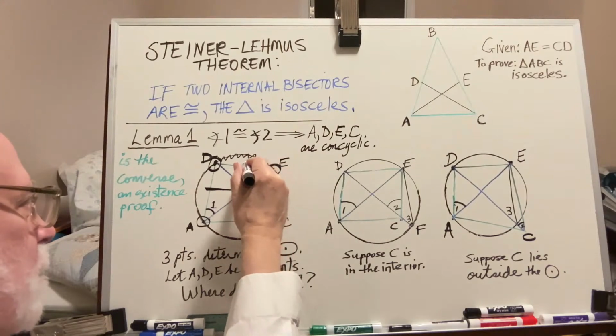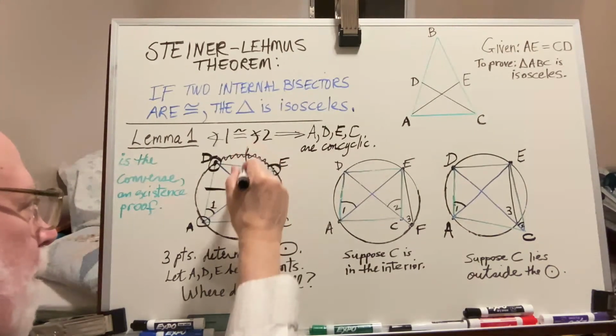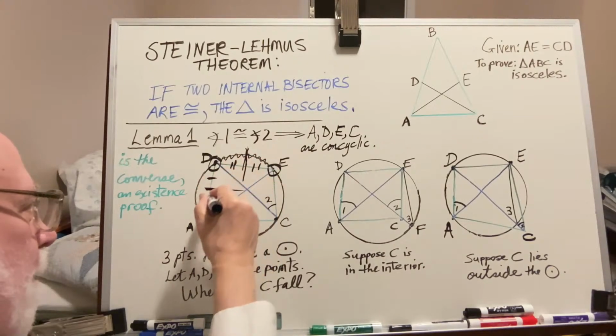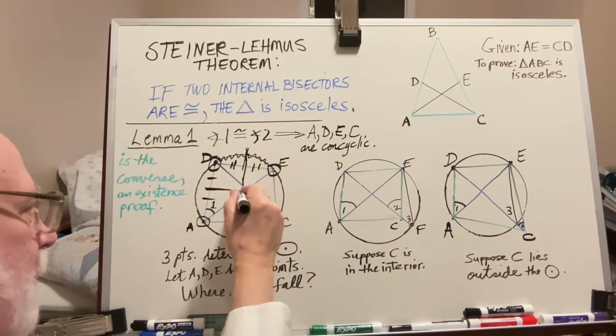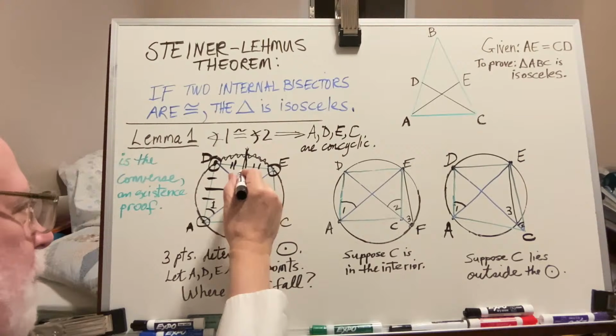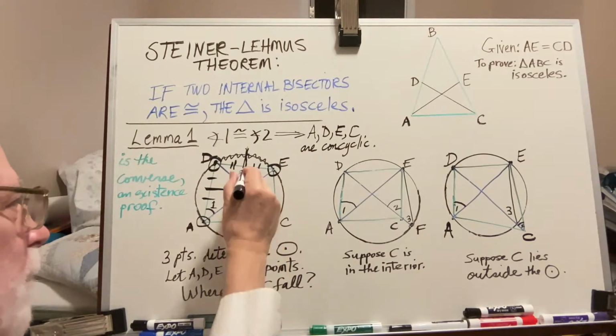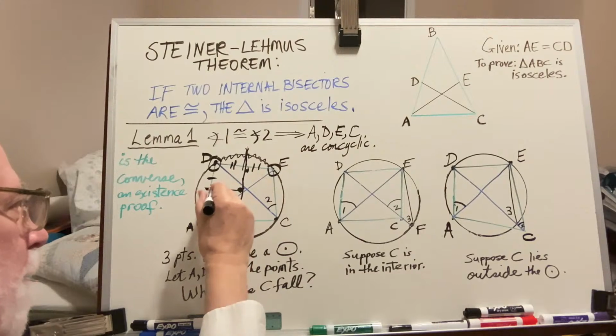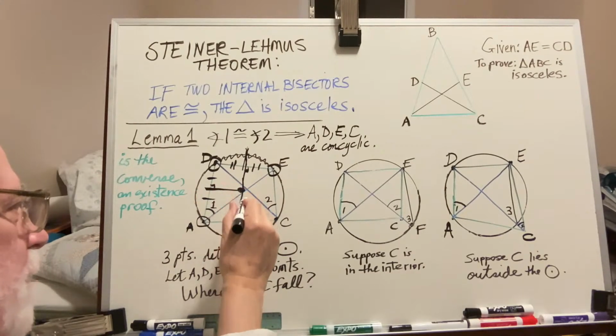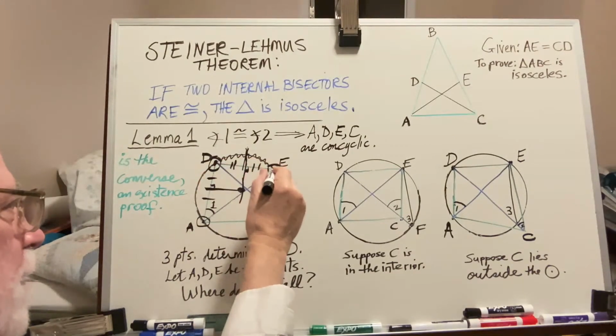We can bisect 2 chords, and the intersection of those 2 perpendicular bisectors is the center of the circle that contains these 3 points.